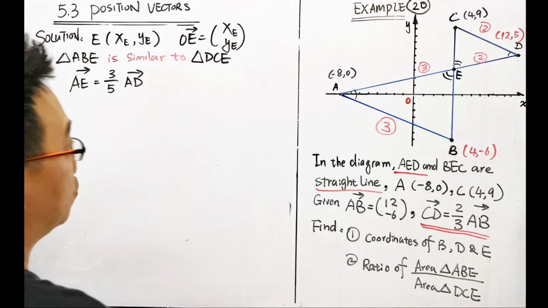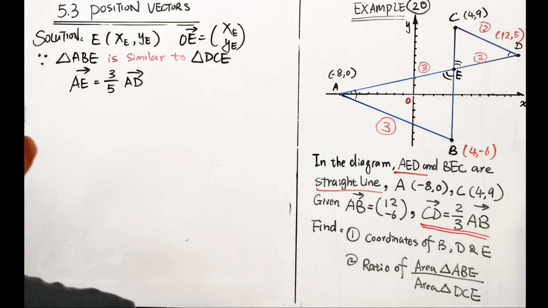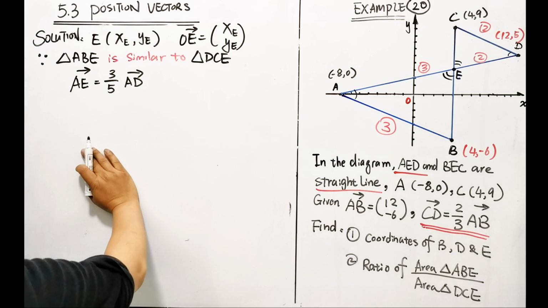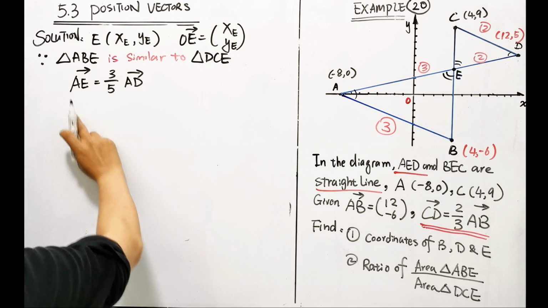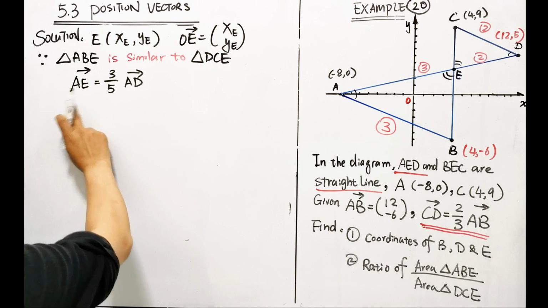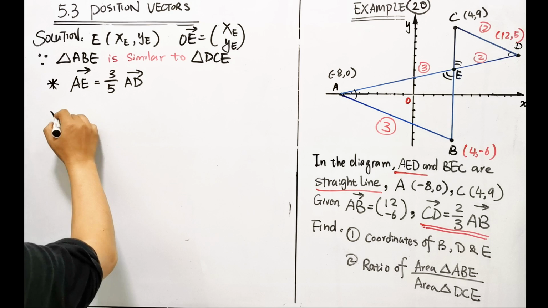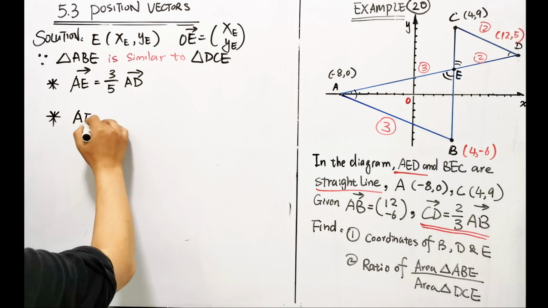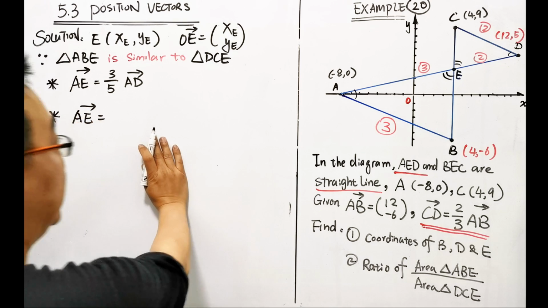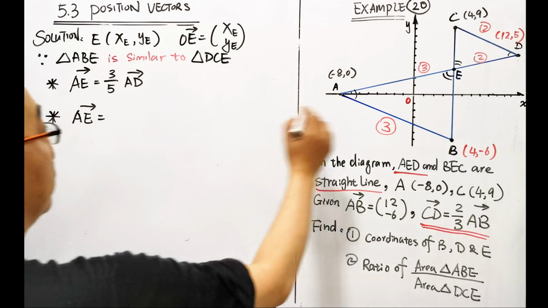So let's draw the relationship between these two. How do we work out this relationship? So what is the AE? What's the relationship of the AE? So AE equals what? Use the triangle law.